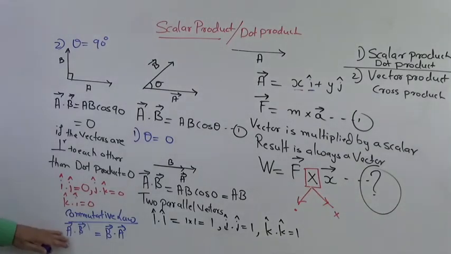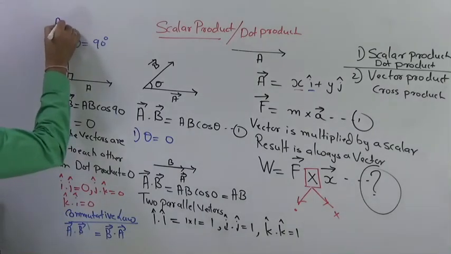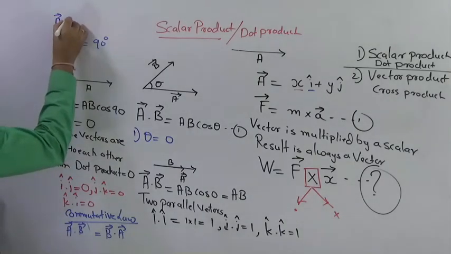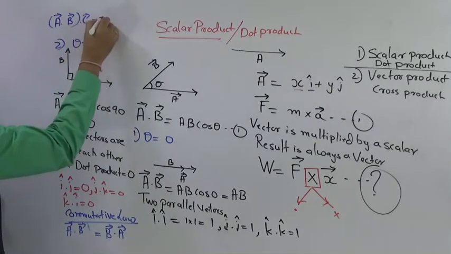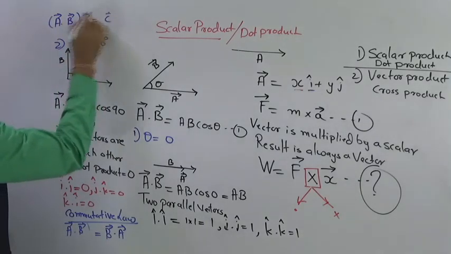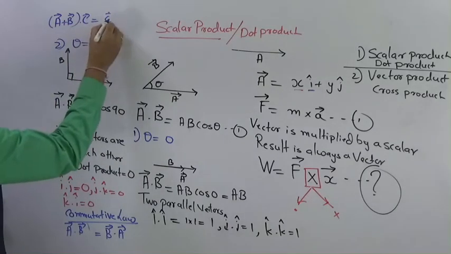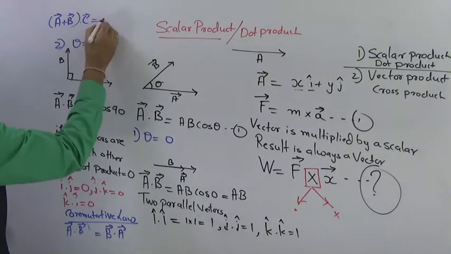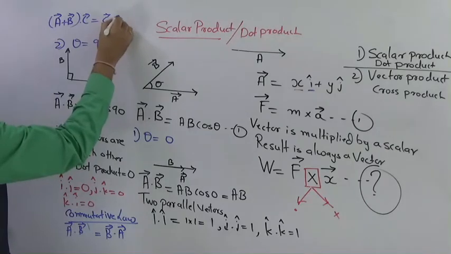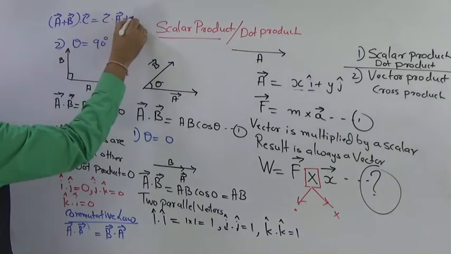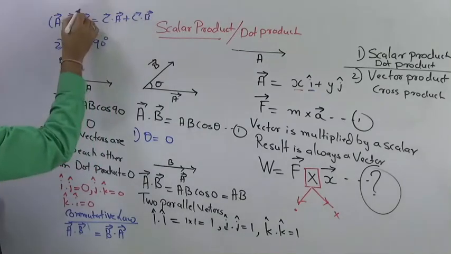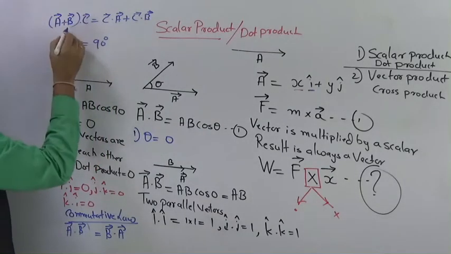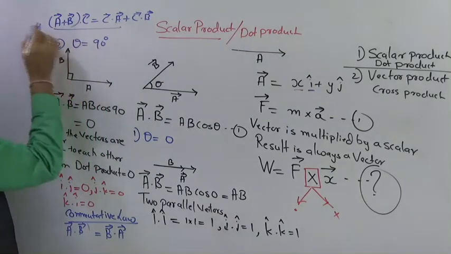Similarly, it also follows the distributive law, which says that vector A dot (vector B plus vector C) is equal to vector A dot vector B plus vector A dot vector C. This is your distributive law. This is which law? Distributive law.